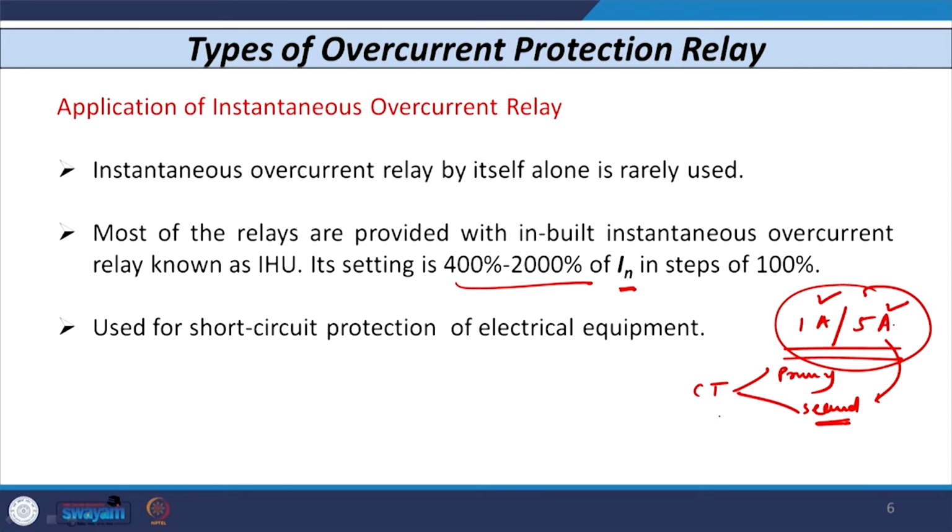If I have a CT secondary of 1 ampere, then I have to connect a 1 ampere rated current relay. If I have a 5 ampere CT secondary, then I have to connect a 5 ampere rated current relay. It is not possible to connect a 5 ampere rated relay with a 1 ampere CT secondary; it is normally not done.